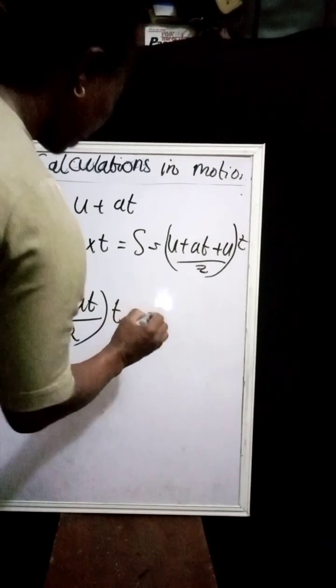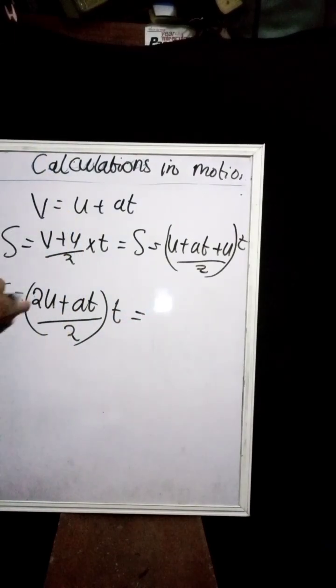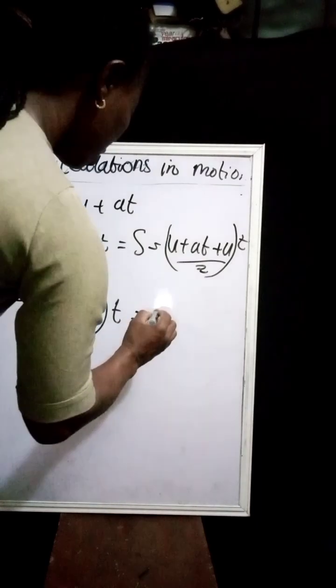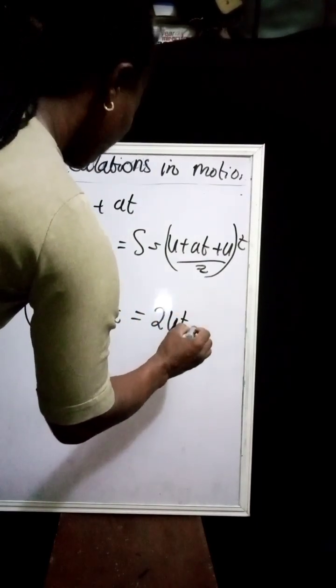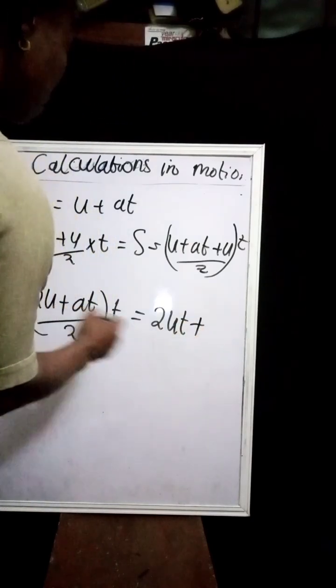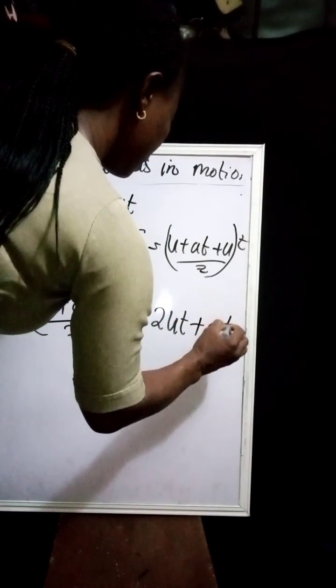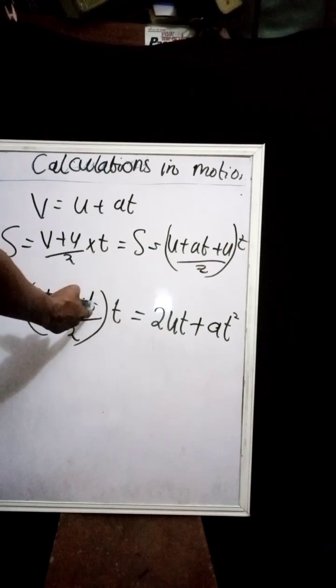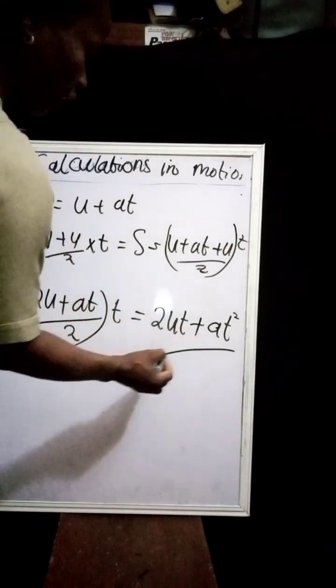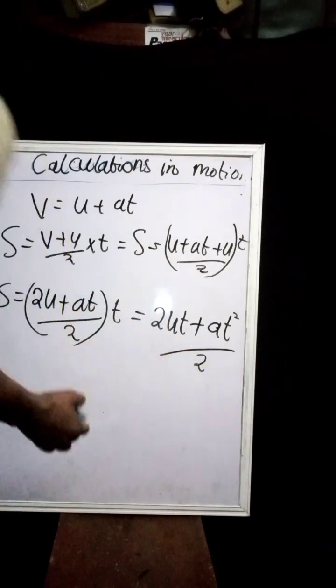Then let's open bracket. Then we have that t multiplied by 2u will give us 2ut plus at squared. That is, t multiplied by this will give us at squared, all divided by 2.